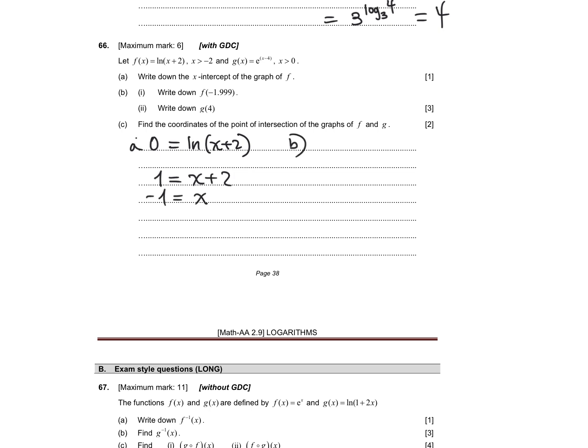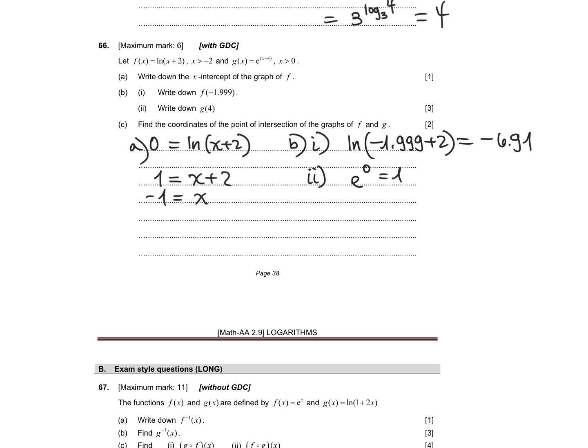For b, I, we want f at -1.99, so that's natural log of -1.999 plus 2. And in the calculator, that's -6.91. For b, II, we want g at 4, so that's e to the 4 minus 4, 0, which is 1.